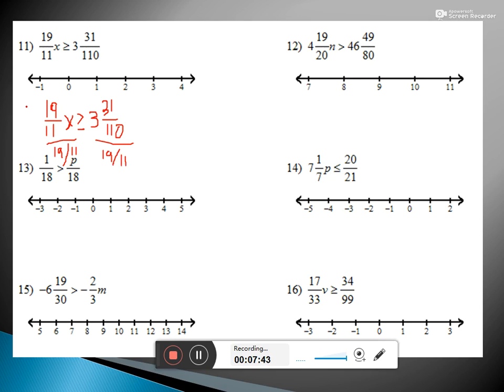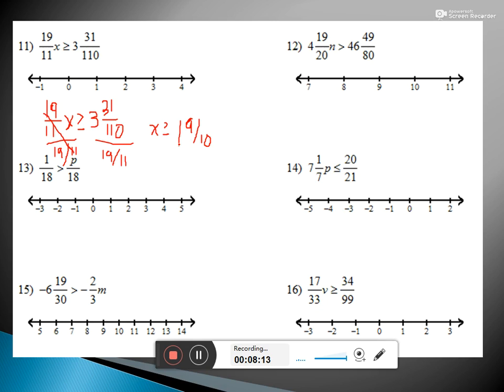And 19 elevenths divided by 19 elevenths is going to be 1. When I do this other division, the 3 and 31 over 110 being divided by 19 elevenths, and I'm using my calculator with the fraction button, I get 1 and 9 tenths. So x is greater than or equal to 1 and 9 tenths.